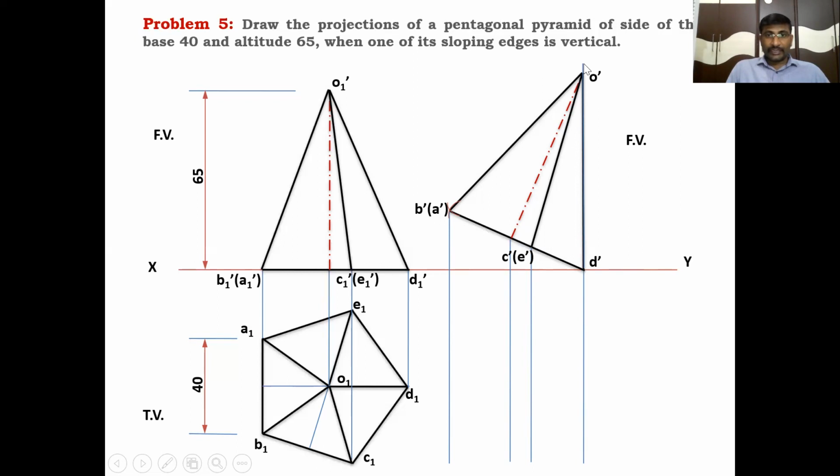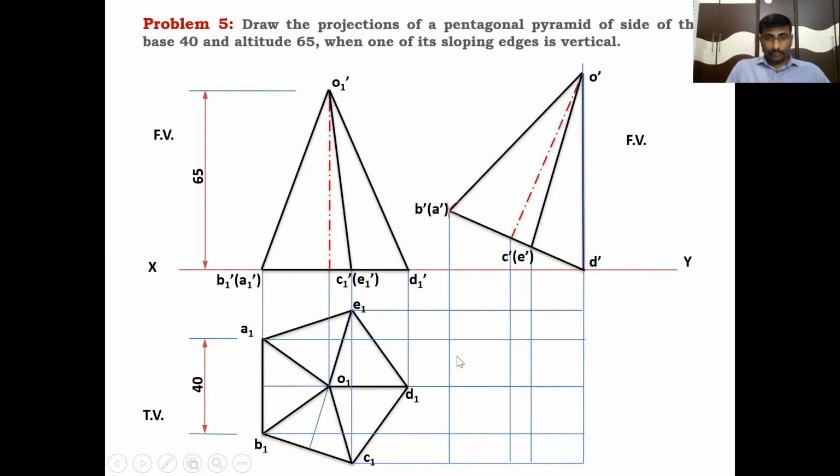This line will coincide with the O dash projector. These two points are on the same vertical line. Draw the horizontal projection lines from the initial top view. These are the horizontal projections from each point. Here, the O1 and D1 projectors coincide with each other.